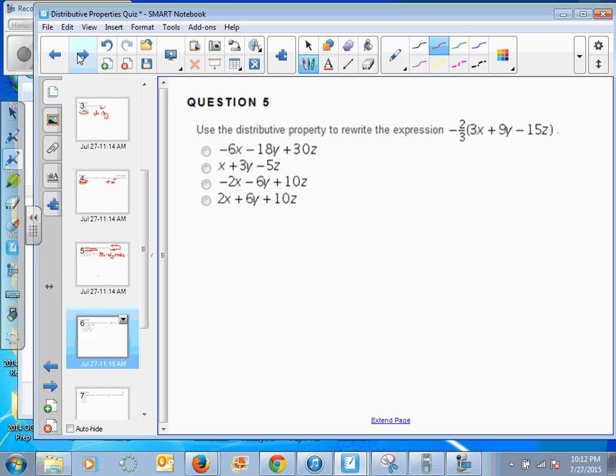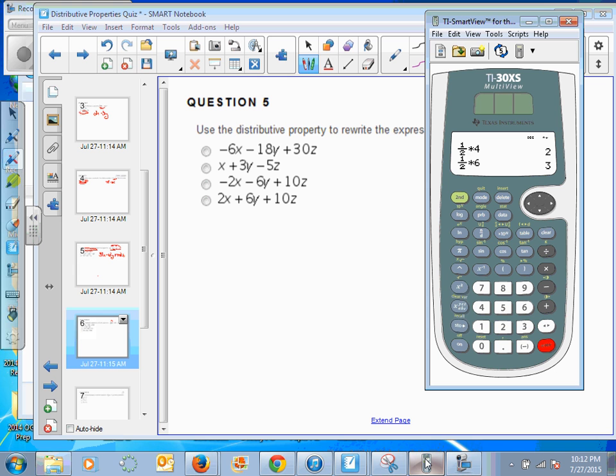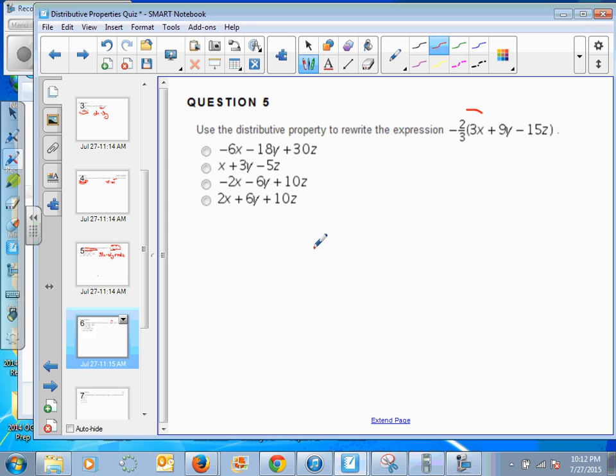Again, fractions. Fractions are going to be fine. We can still distribute. So we're going to go -2/3 times the 3. Again, if we need to, we can just bring that calculator back. -2/3 times the 3 gives you a -2. So we're going to start off right here. This part here is going to give you a negative 2x.